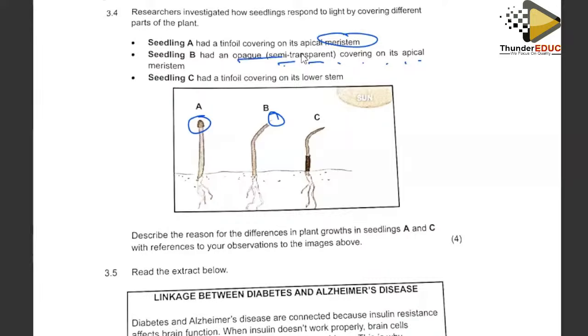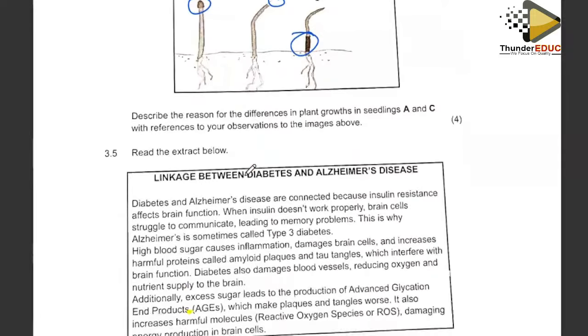Then they would have said translucent, not opaque, because opaque means you can't allow light. Okay. C had tin foil covering on its lower part. So if it's on the lower part, then it's not affecting anything. Okay. They're saying describe the reasons for differences in the growth of seedlings A, B and C.